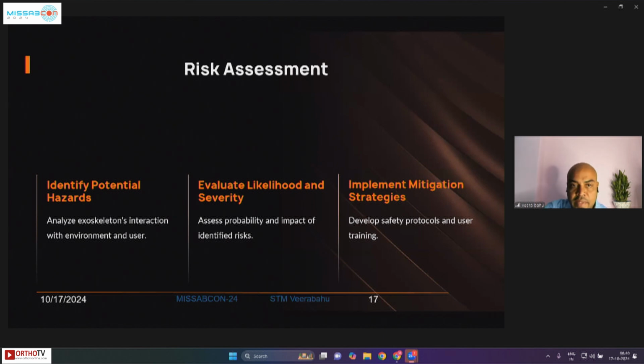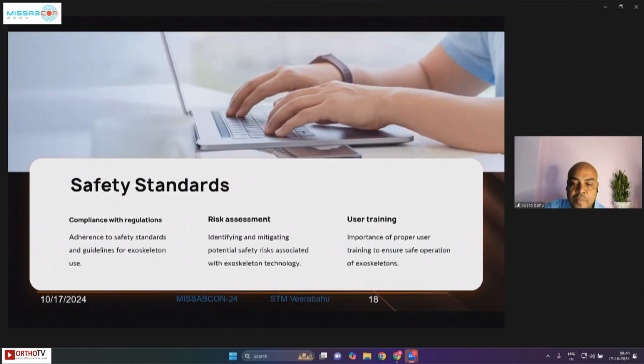Safety aspects would be an important criterion, because we are looking to identify any kind of hazards that a patient would probably incur during the training, evaluate the severity, and implement strategic procedures for corrections. It should also comply with regulations, user trials and risk assessment.